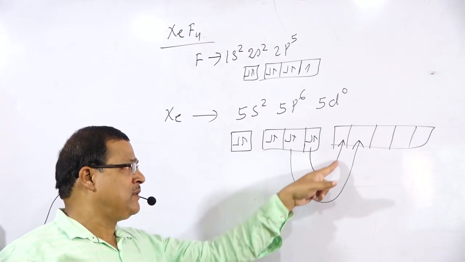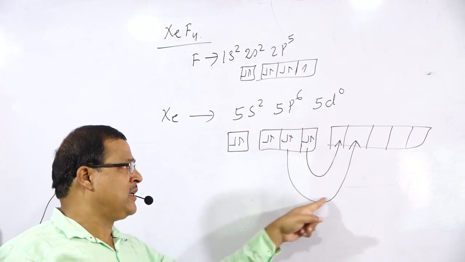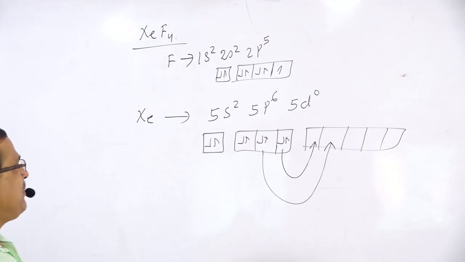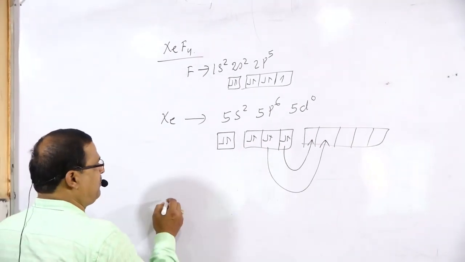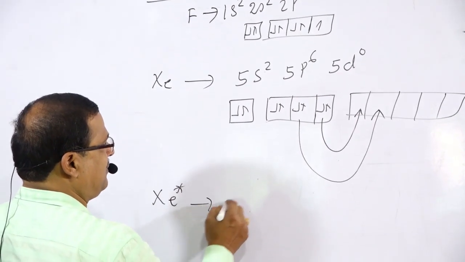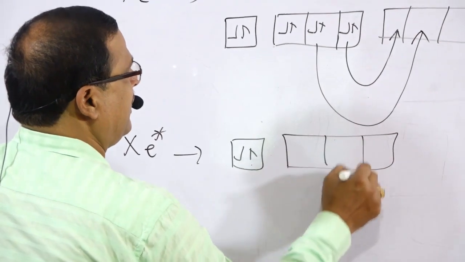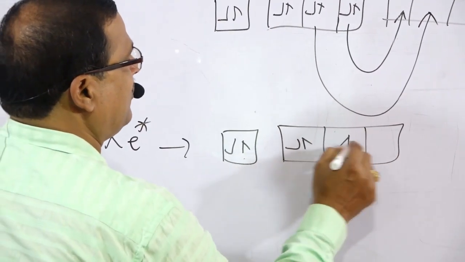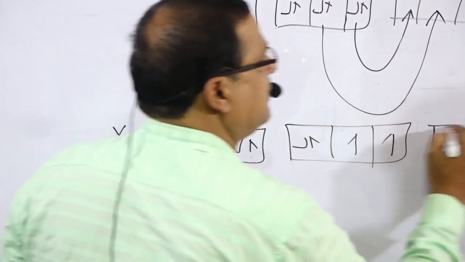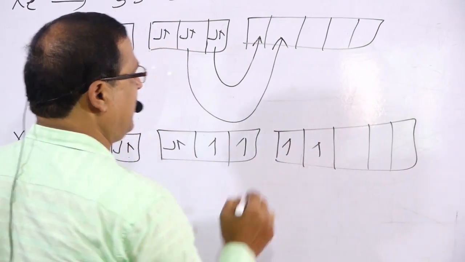This electron is promoted, that pair becomes unpaired, and this electron is also promoted. So there are 4 unpaired electrons, that is xenon in the excited state, with 2 pairs and 4 unpaired electrons. These are the promoted electrons.